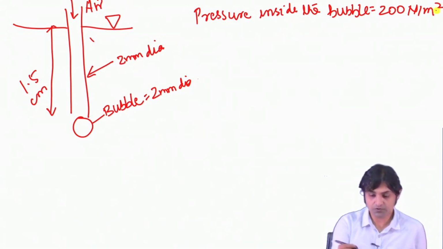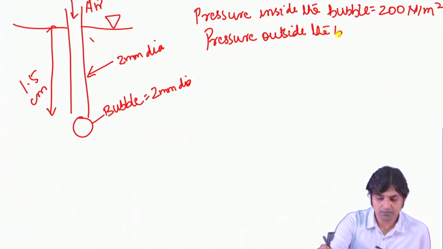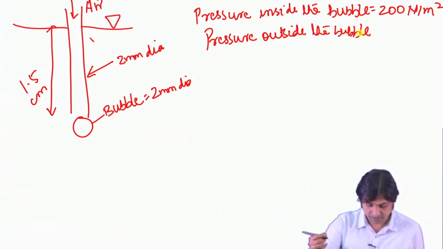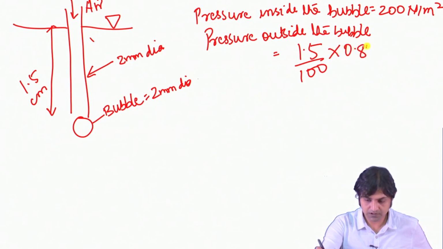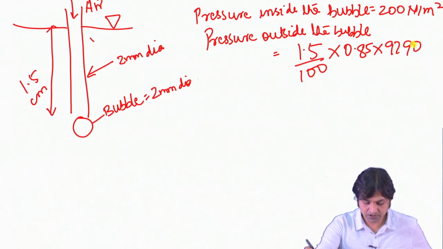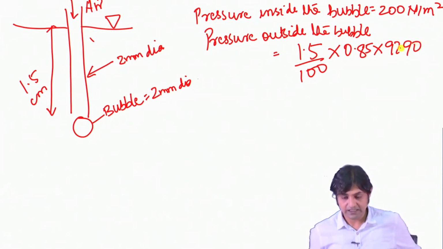It is also told that the pressure outside the bubble is given by 1.5 into 100 into 0.85 into 9790, that is the specific weight.